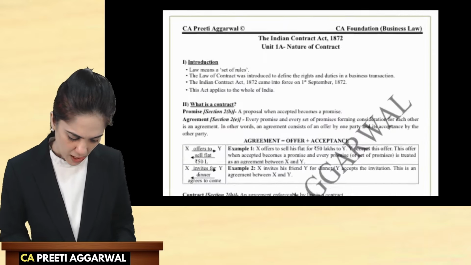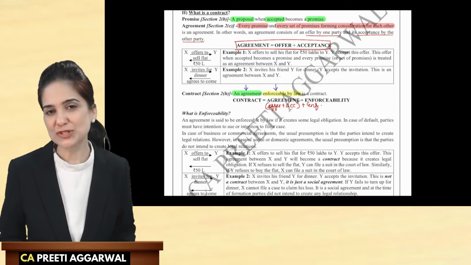What is a contract? An agreement enforceable by law is a contract. So these are the two elements: we need an agreement, and we also need enforceability. Agreement is offer plus acceptance. So can I say contract is nothing but offer plus acceptance plus enforceability?